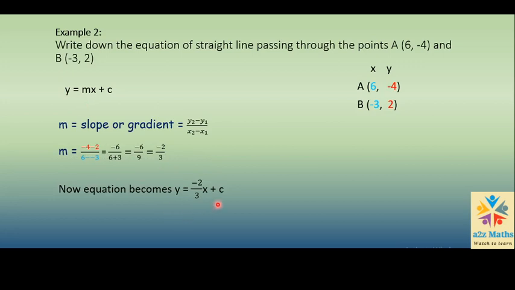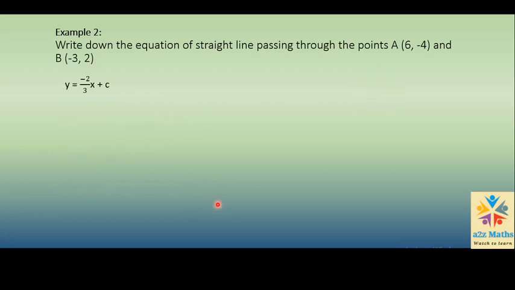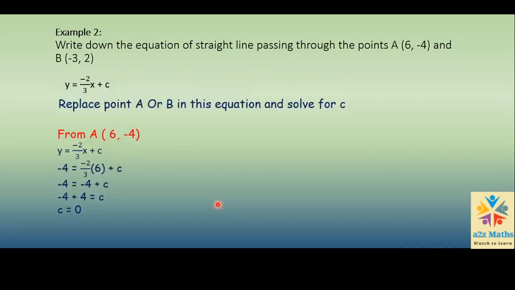Second part, find the y-intercept. Follow the same method. You just replace any one point, either a or b, in the equation. Be careful, the first value is of y which is negative 4, then minus 2 by 3 into 6 plus c, and if you simplify it will give you the value of the y-intercept as 0.